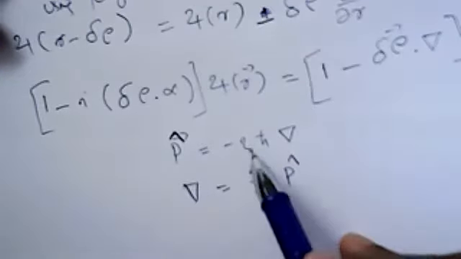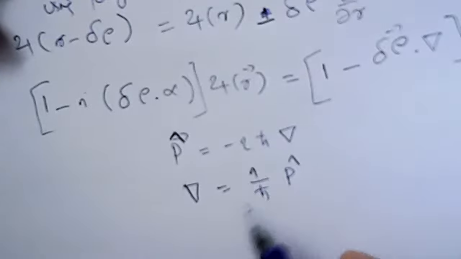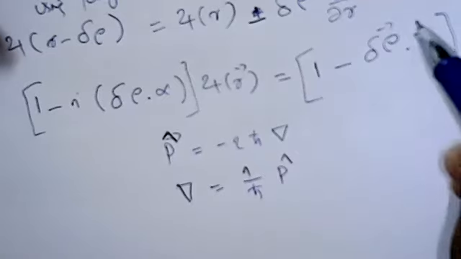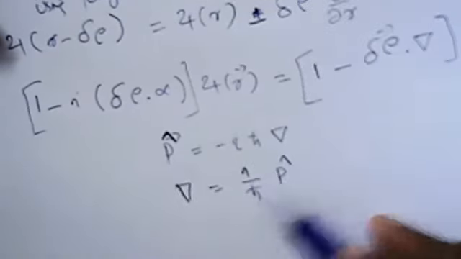So here I comes, here minus I square, that is 1. So h cross goes to the other side. So del is I by h cross into P operator. So instead of this del operator, you can write I by h cross into P.